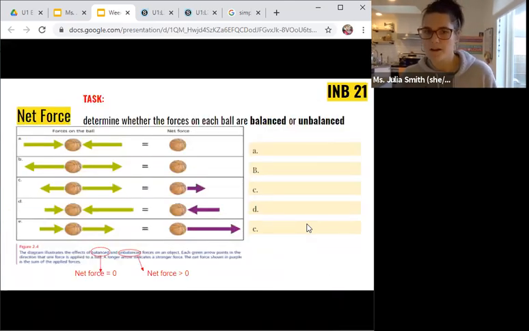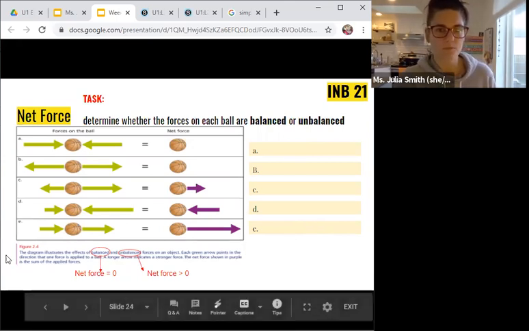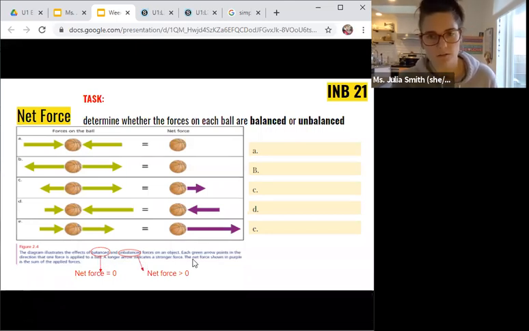On IMB 21, you have this example. The caption says this diagram illustrates the effects of balanced and unbalanced forces on an object. Each green arrow points in the direction that one force is applied to a ball. A longer arrow indicates a stronger force.